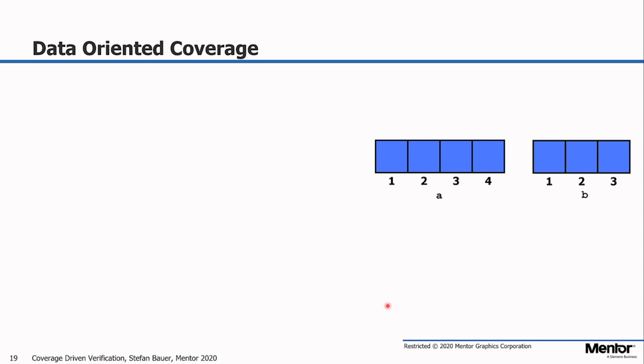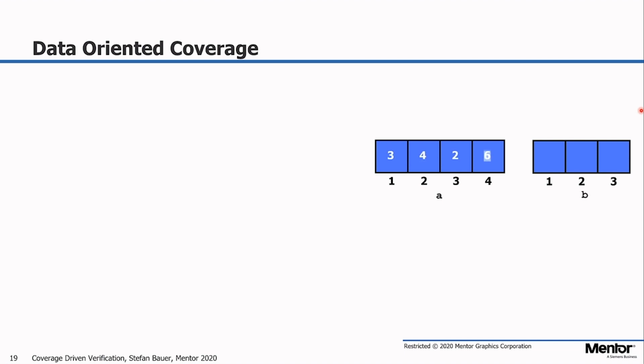For example, we have a signal A with the legal range 1, 2, 3, and 4, and a signal B with the legal range 1, 2, and 3. The blue boxes here represent the single cover bins. For example, this box here represents the cover bin for the value 4.